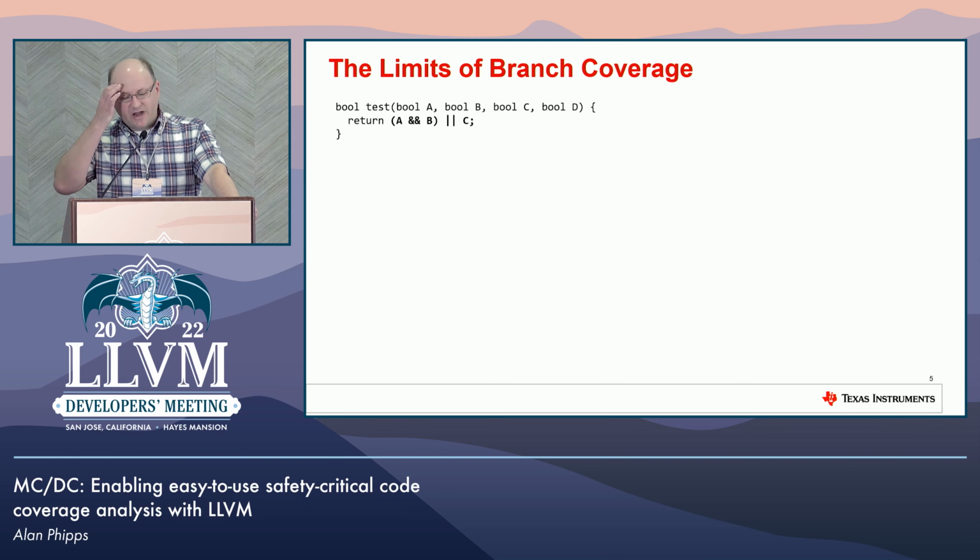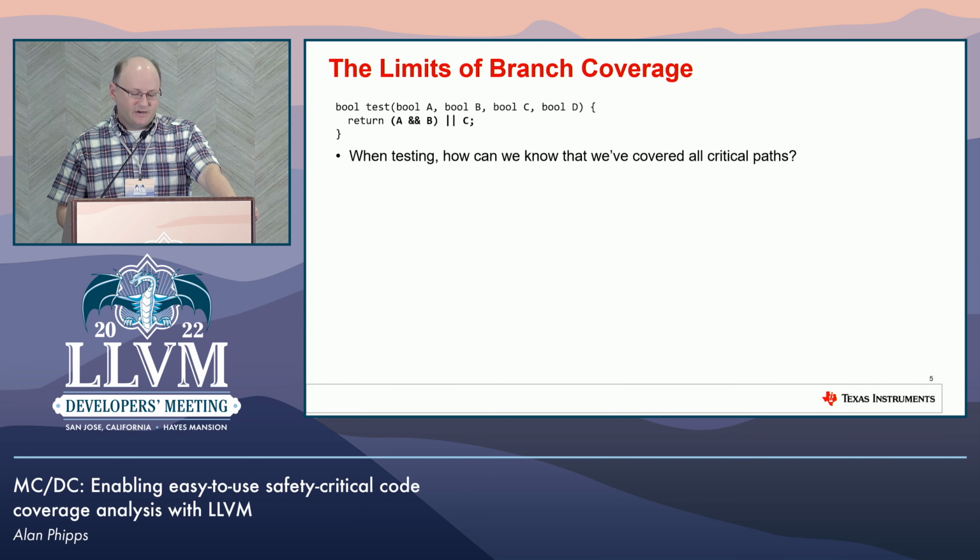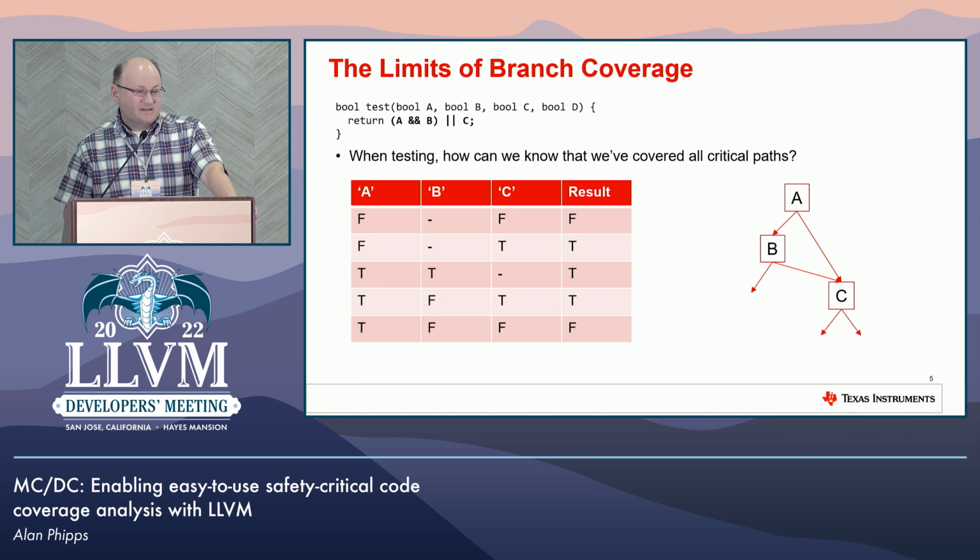But there are limits to branch coverage, however. Consider this case, in this function, we've got 3 conditions, A, B, and C, and 2 logical operators. So when testing this, how can we be sure that we've covered all the critical paths through that control flow? Well, here are all the paths through the control flow. And this accounts also for the fact that in C and C++, there's short circuit semantic behavior around logical operators.